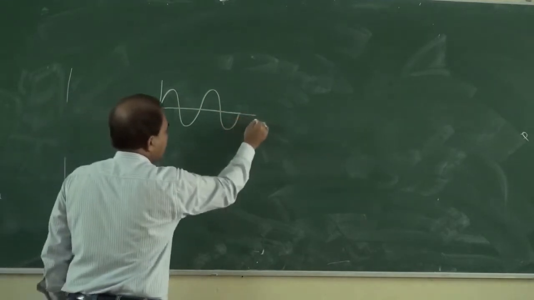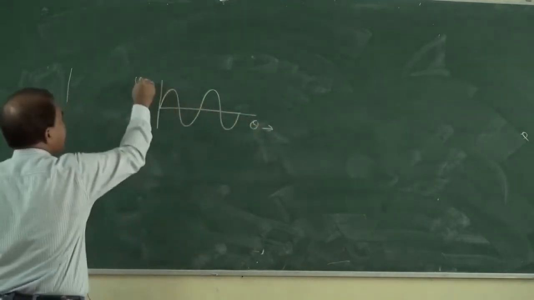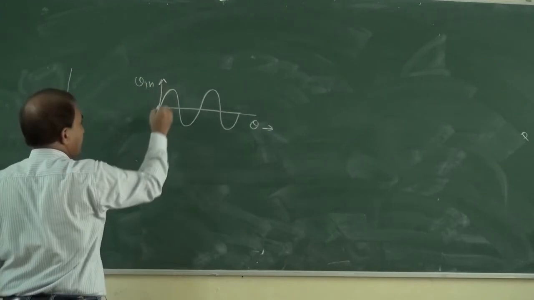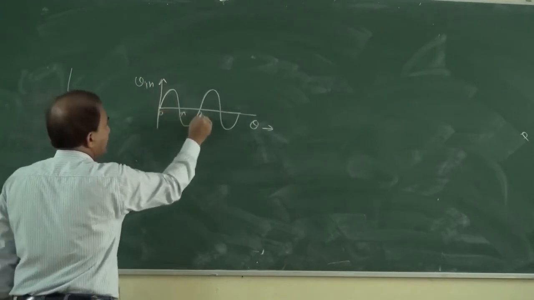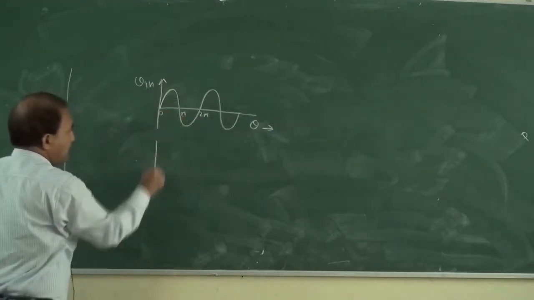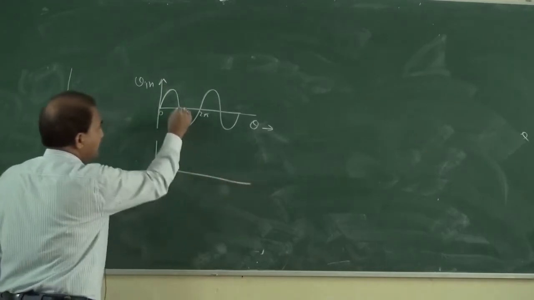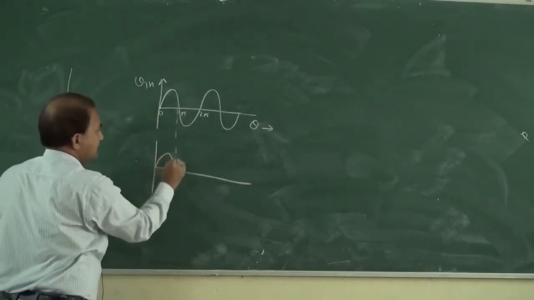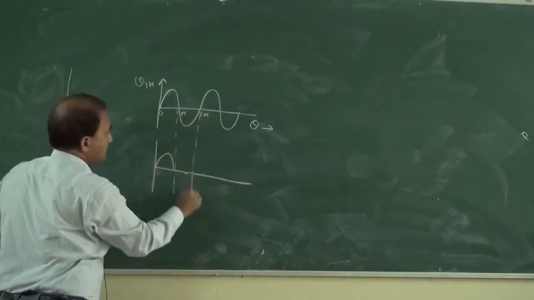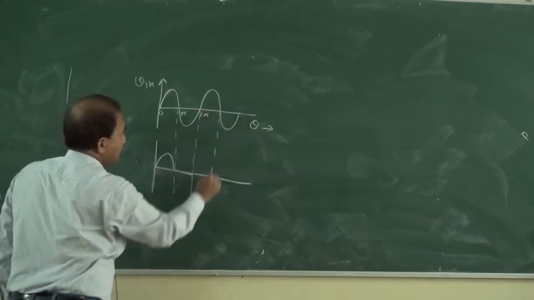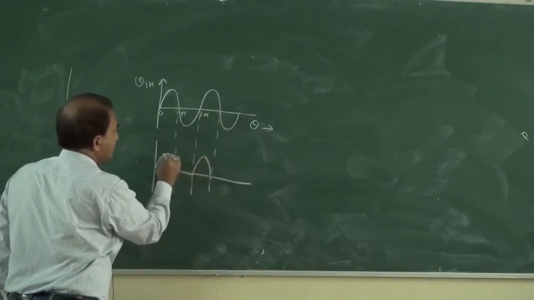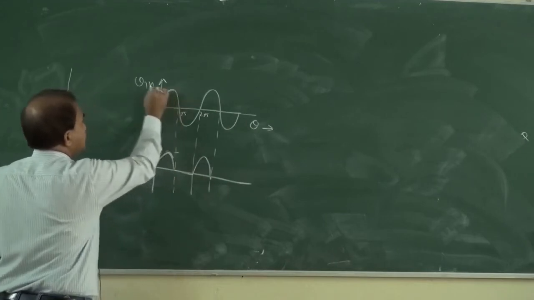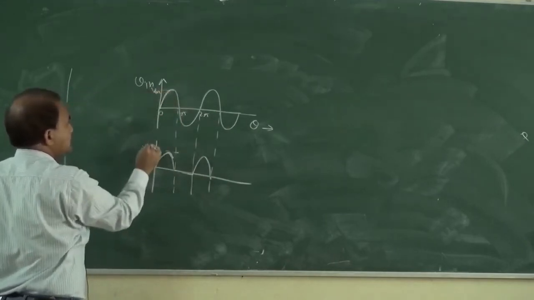Suppose this is theta versus V in, with 0, pi, 2 pi, like this. The output of a half wave rectifier is like this, then this, then this. This is Vm, also this is Vm.